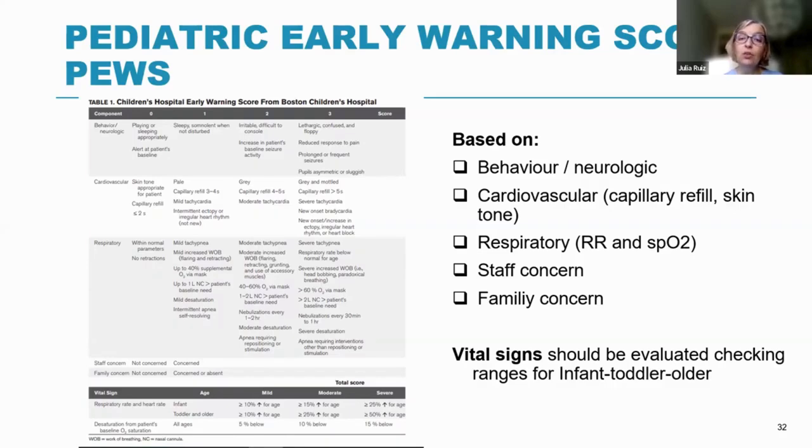Also, it's going to be based on staff concern, if the staff is concerned that the child is not very well, and also on family concern. These are not so objective things, but they are important because they give us a hint about what's happening. And then the vital signs should be evaluated, checking the ranges, because the ranges are going to be different for infants, toddlers, or older kids.